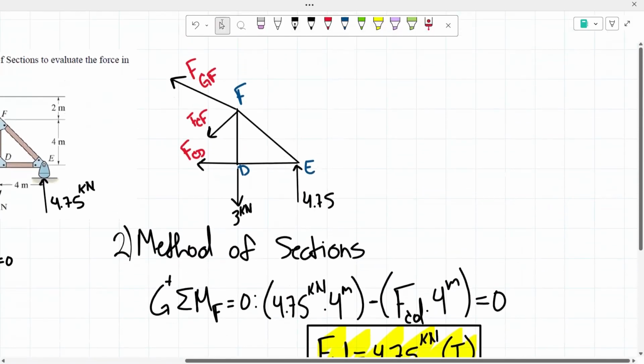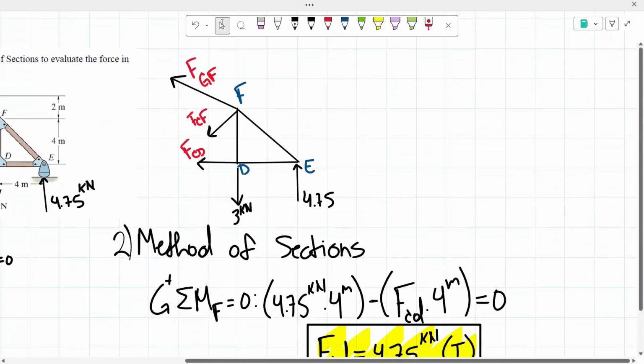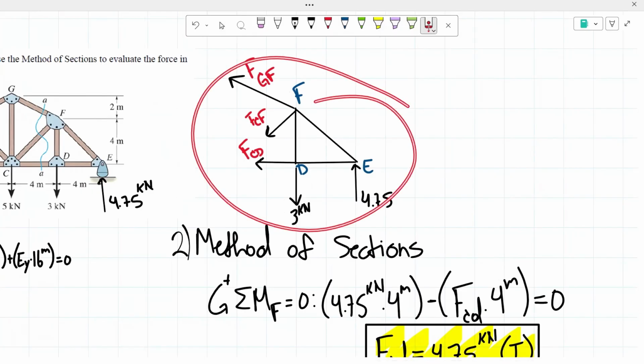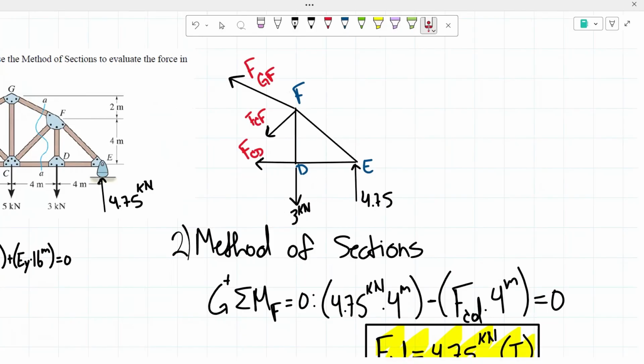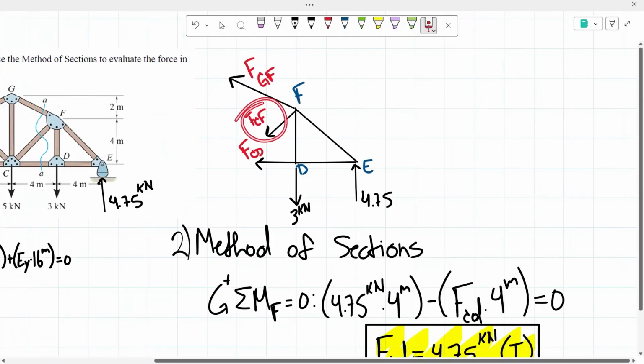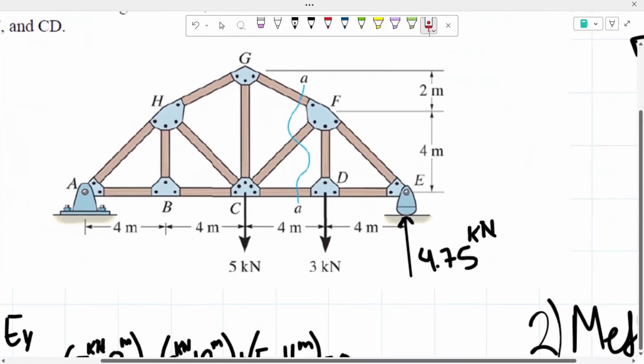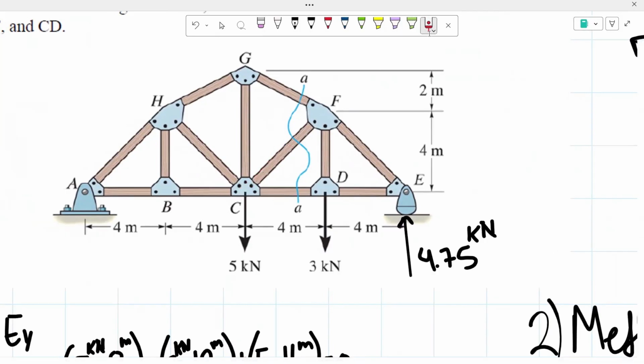So now from here, we're going to go back up here. Now what I'm going to be doing is taking the sum of the moments about point C. As you guys could see, I didn't draw out point C here in my drawing, but we know that the force of bar CF and the force of bar CD don't just affect point F and point D. They are also both right here at point C, so they both lie on that point, meaning that they will not be creating a moment about that point.